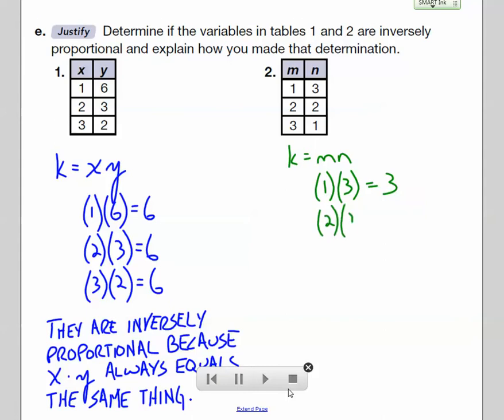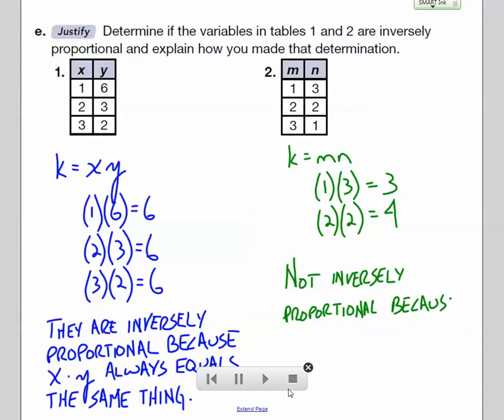And then 2 times 2, but that does not equal 3, it equals 4. So since it doesn't equal 3 every single time you multiply m times n, this is not inversely proportional. It's not inversely proportional because m times n does not always equal the same thing.